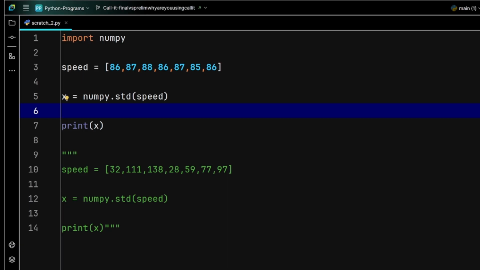So here we have an example, which is basically the speed of a few cars. For that, we're importing NumPy, and then we're getting the standard deviation of these speeds.